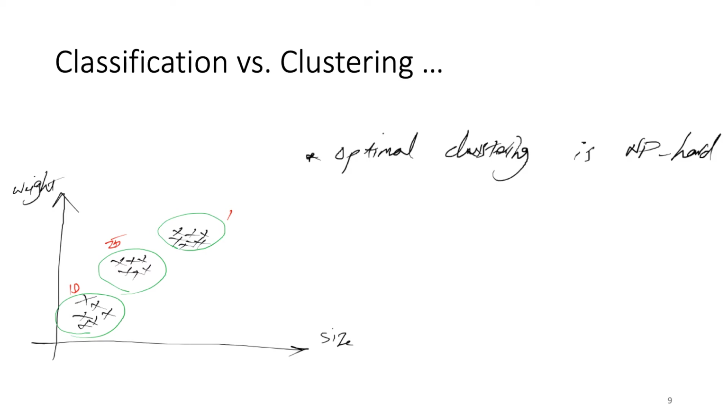If you're familiar with the complexity of problems, NP-hard is considered one of the hardest classes of problems. Have you thought about this in your courses, the complexity of problems?